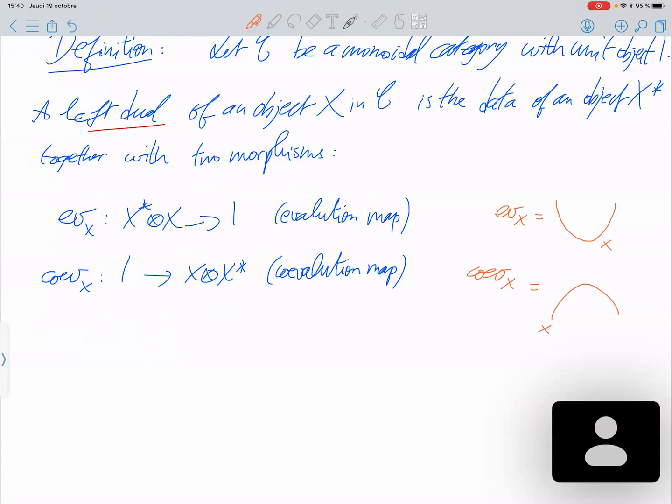So here you have X star, X, and here 1, or here 1, X, and X star.